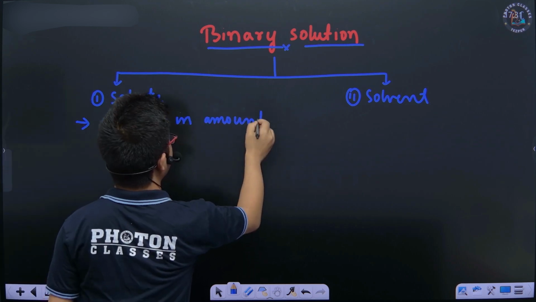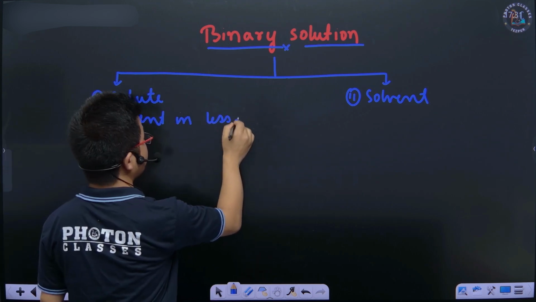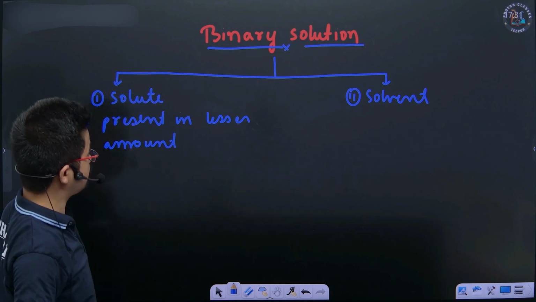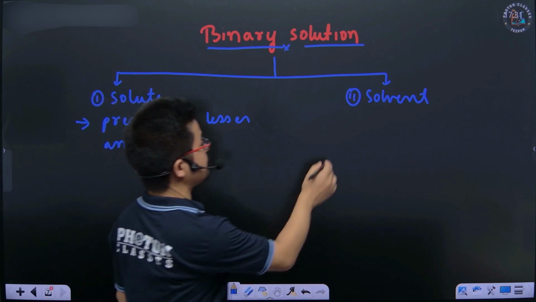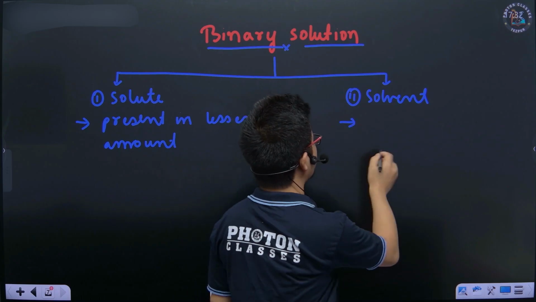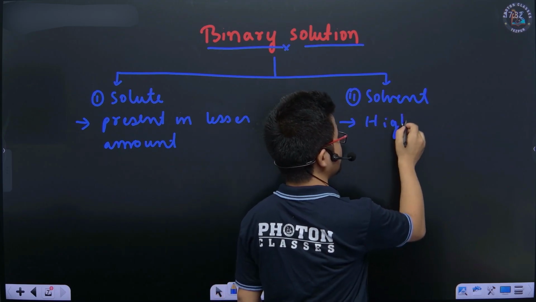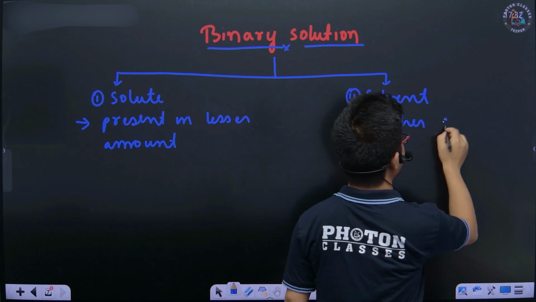Obviously, since it is a binary solution, there will be only 2 components. So the solvent will be the component present in higher amount.